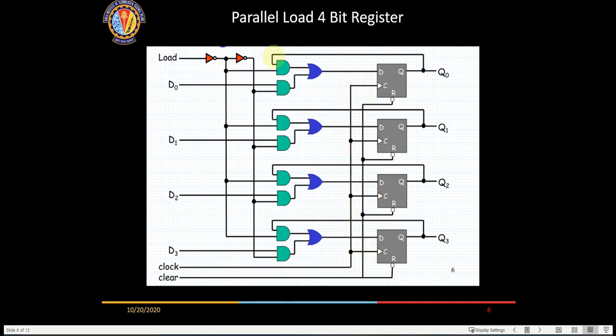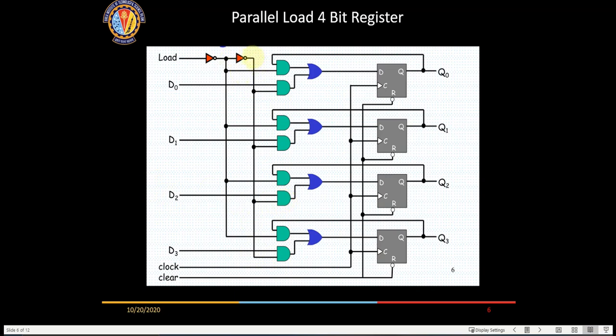Now coming to the data, if you see, the data changes with each clock. Now let's see what happens. If the load is 0, it is 1 out here and it is 0 here. This 0, if you see, is with the AND gates which are coming from the data lines.